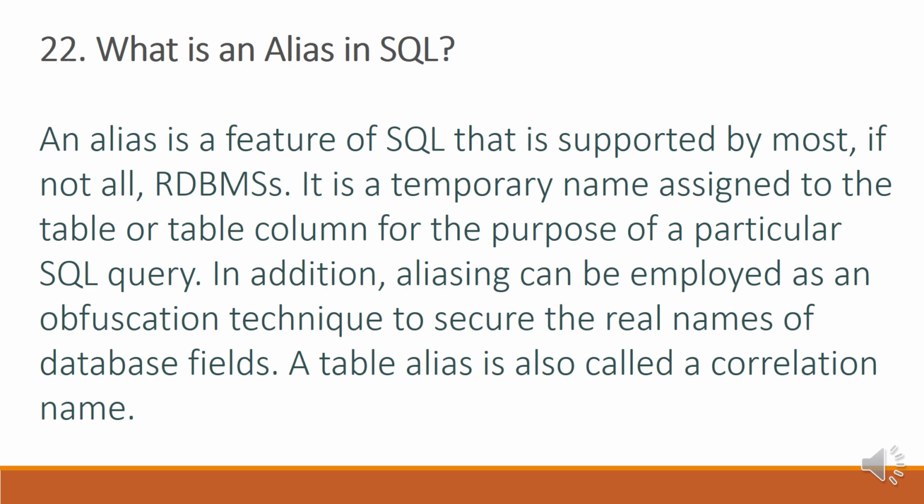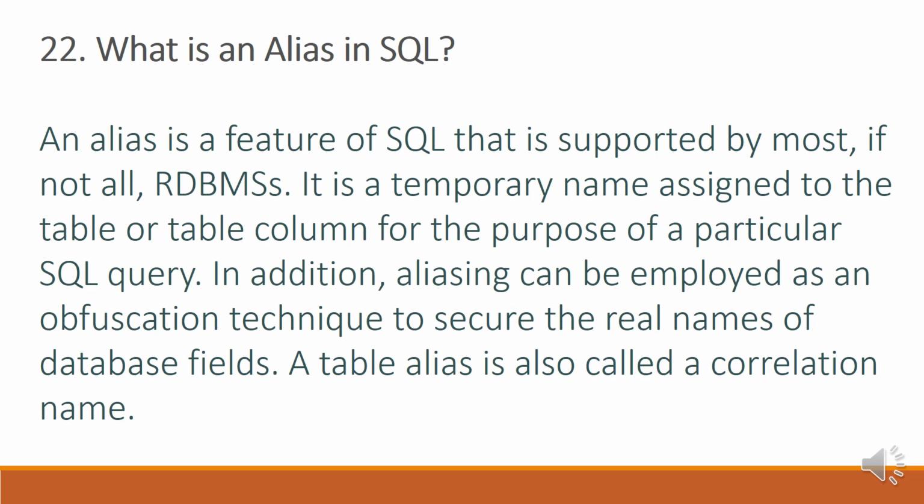What is an alias in SQL? An alias is a feature of SQL that is supported by most, if not all, RDBMS. It is a temporary name assigned to a table or table column for the purpose of a particular SQL query. In addition, aliasing can be employed as an obfuscation technique to secure the real names of database fields.